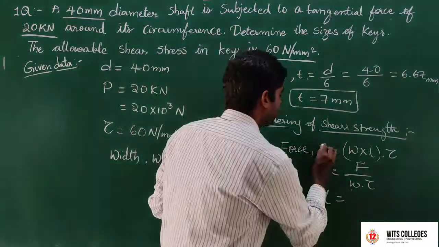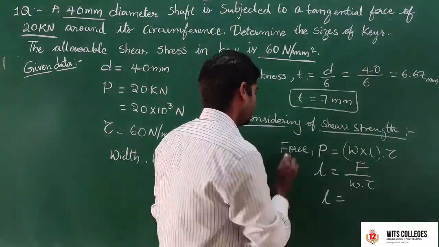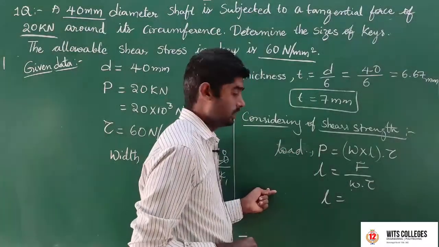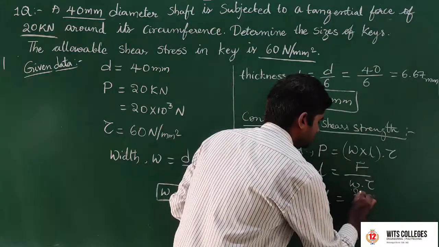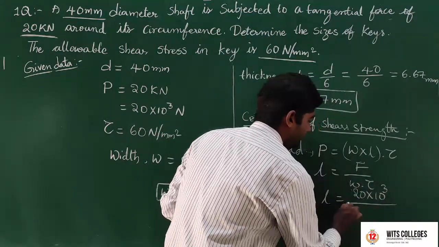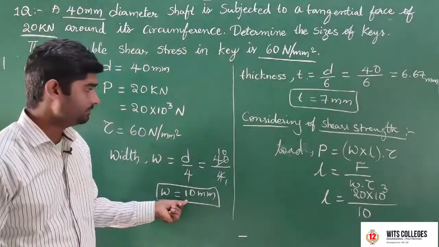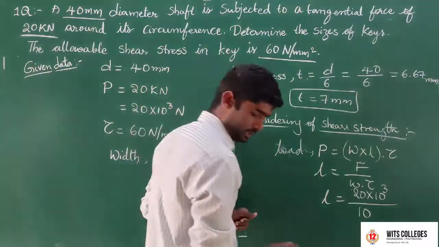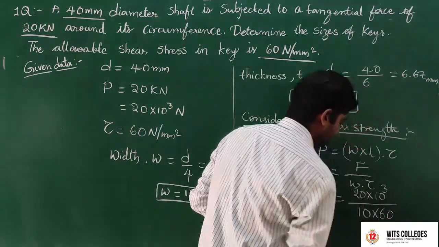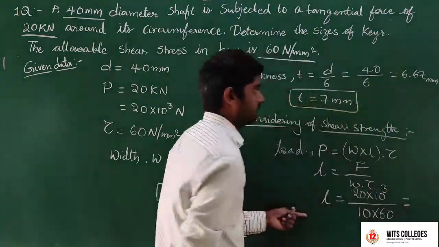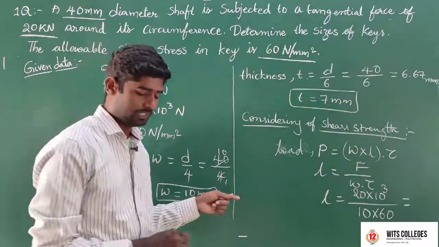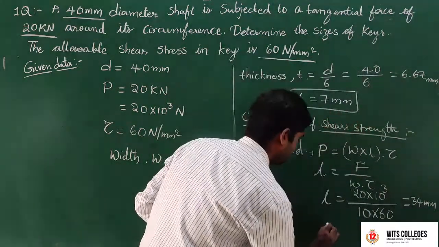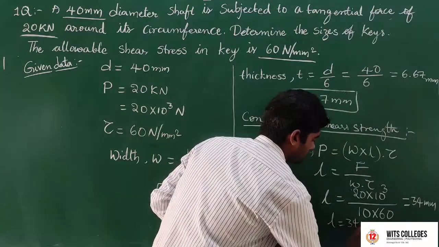Force or load: 20 into 10 to the power of 3 by W is equal to 10 mm, shear stress is equal to 60. Next, find out this L using your calculator. L is equal to approximately 34 mm.